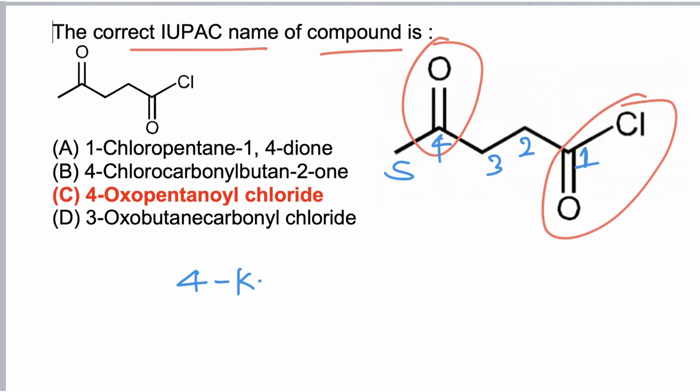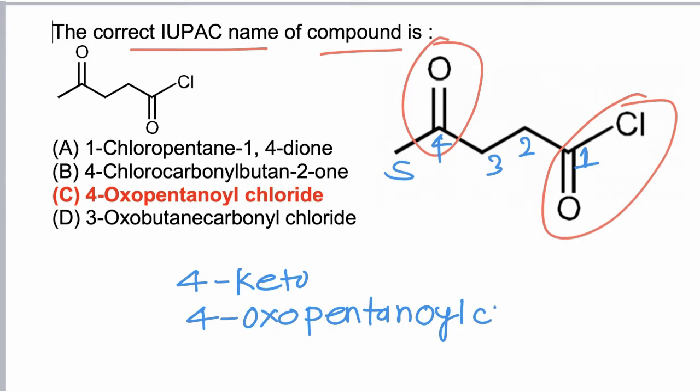Both terms can be used for ketone, keto or oxo. So 4-keto or 4-oxo, total 5 carbon atoms are present. So pentane. For COCl, the suffix oyl chloride is used, so pentanoyl chloride, 4-oxo or 4-keto pentanoyl chloride. So option C is correct.